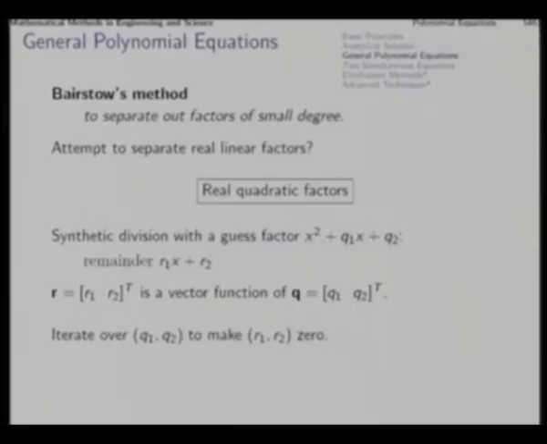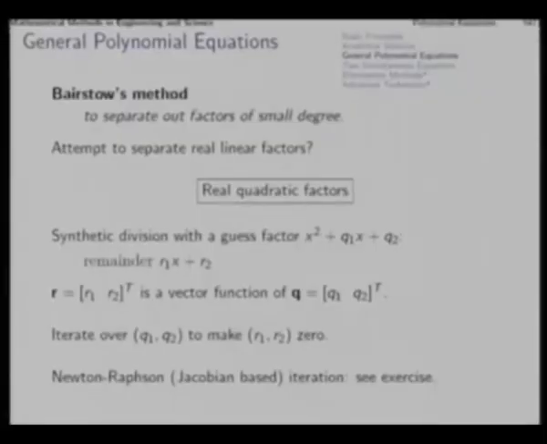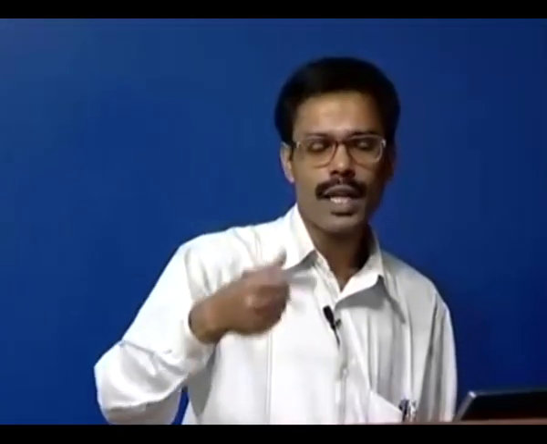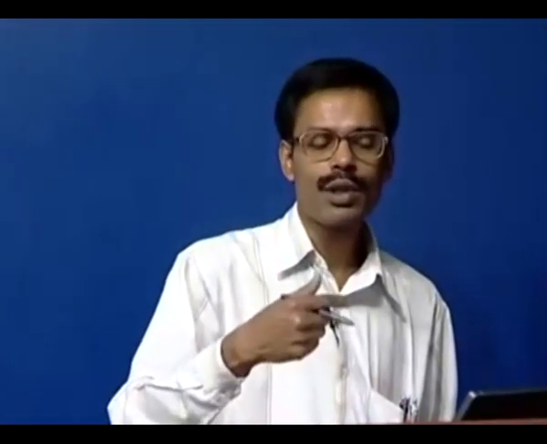Okay. Now, this is actually analogous to the typical process of the Newton-Raphson method, which is Jacobian based, and in the case of polynomial equations, there is a specific way to develop the Jacobian and apply iterations, which is much more efficient compared to the general case.